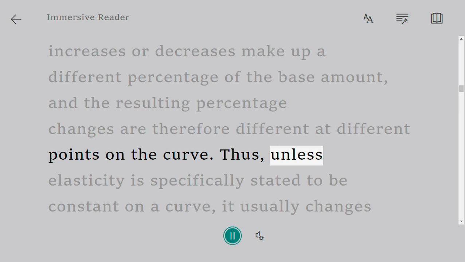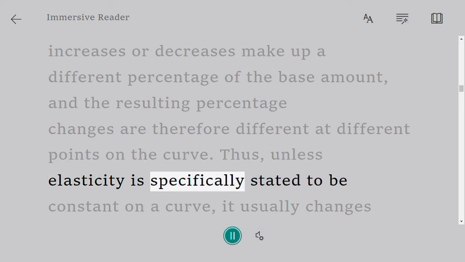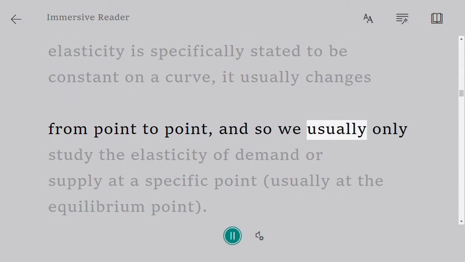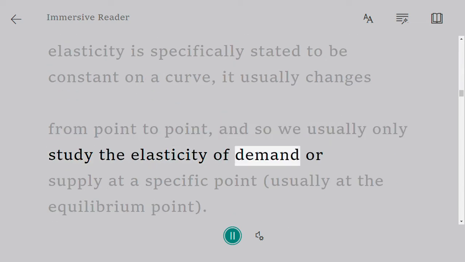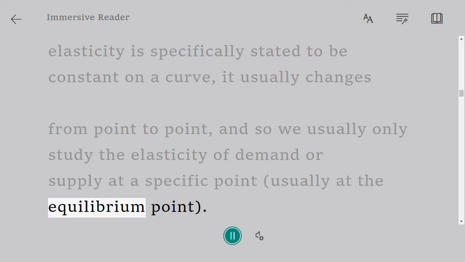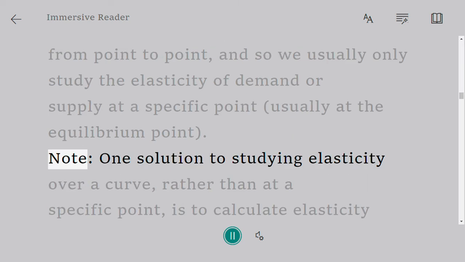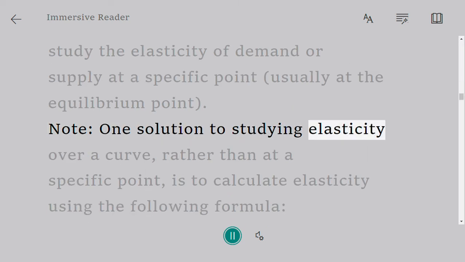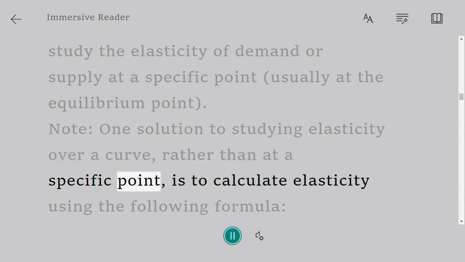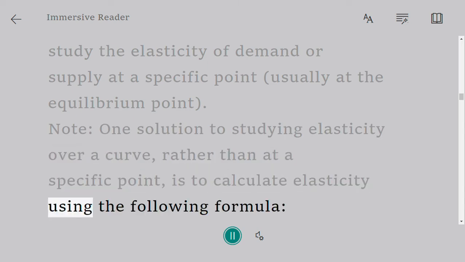Thus, unless elasticity is specifically stated to be constant on a curve, it usually changes from point to point, and so we usually only study the elasticity of demand or supply at a specific point, usually at the equilibrium point. Note, one solution to studying elasticity over a curve, rather than at a specific point, is to calculate elasticity using the following formula.